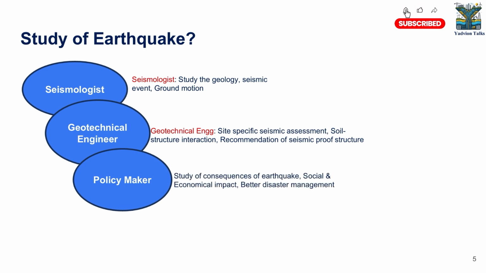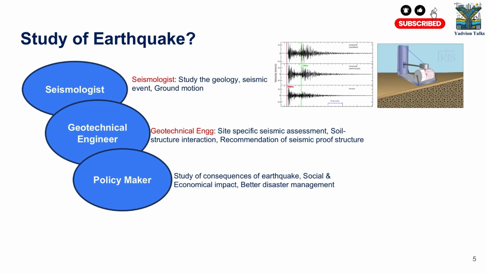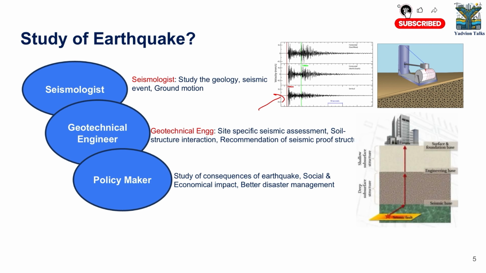The study of the consequences of the earthquake and the socio-economic impact is done by the policymakers so that they can make a better disaster management plan. This is a seismogram you can see on the screen, which records the movement of the ground in the horizontal and vertical directions. The geotechnical engineer takes the ground motion, converts it into a model, studies the model, and runs the FEM analysis to check the feasibility of the foundation recommendation.